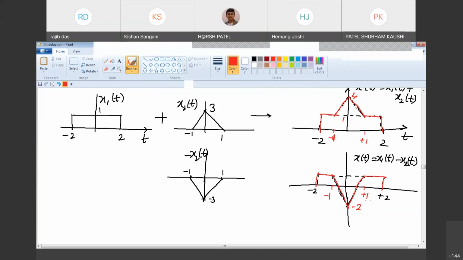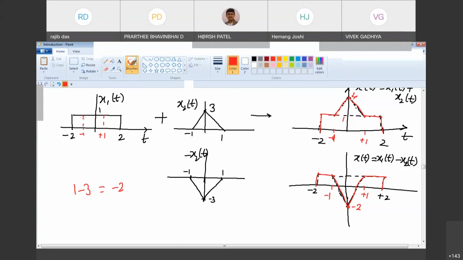Could you please repeat the subtraction part? If this is x1(t) alone, I get only this flat level from -2 to +2. Now x2 is active within -1 to 1, and its values are subtracted. At the origin, 3 is subtracted; earlier it was 1, so 1 minus 3 becomes -2.